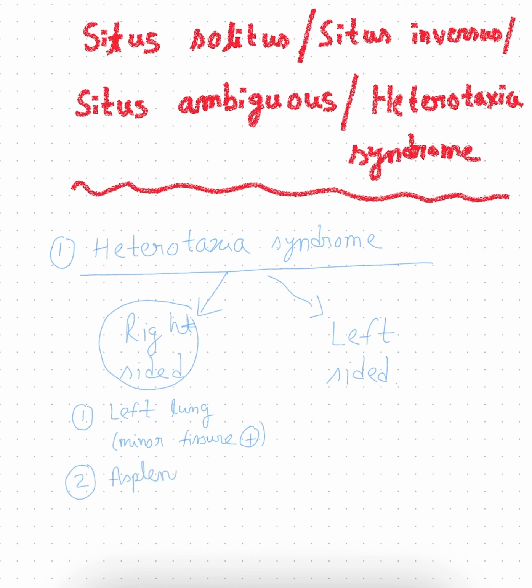One is the spleen is absent, that is asplenia. As compared to the left-sided heterotaxia syndrome, there are more cardiac malformations in right-sided heterotaxia, and the relation of aorta and IVC is inverse, meaning normally aorta is on the left side. In the right-sided heterotaxia syndrome, aorta will be on the right side.